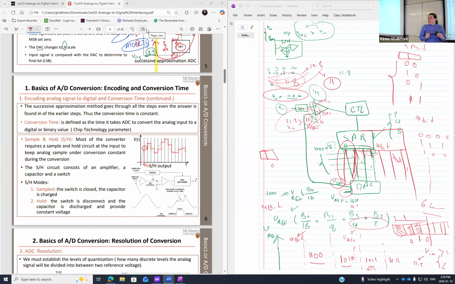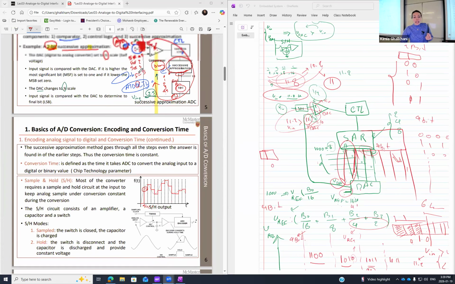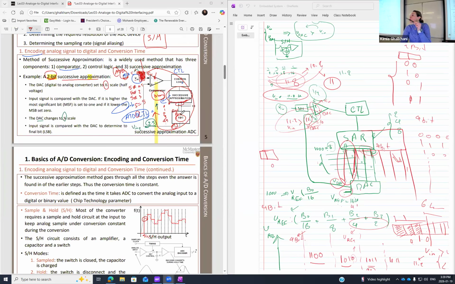The reference voltage is a function of how many bits I have for my approximation. Right here I said the name is telling for successive approximation. Approximation simply means it's not always an exact number if I have a decimal point.